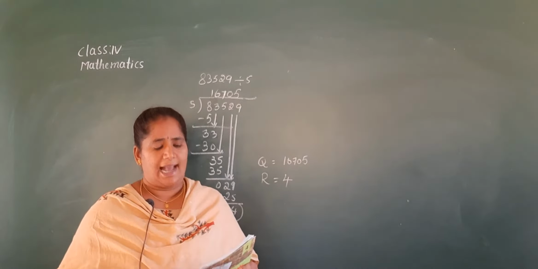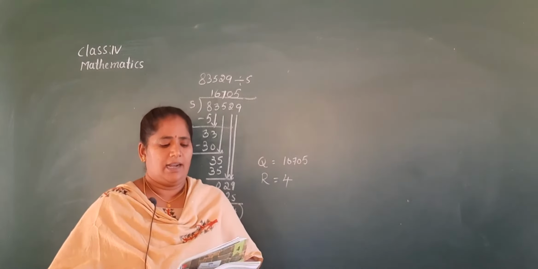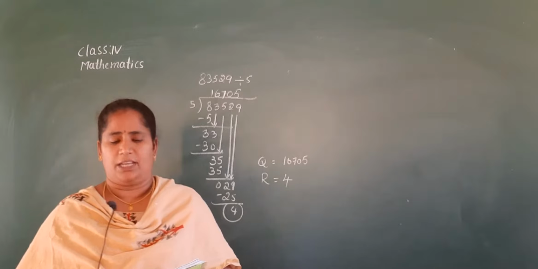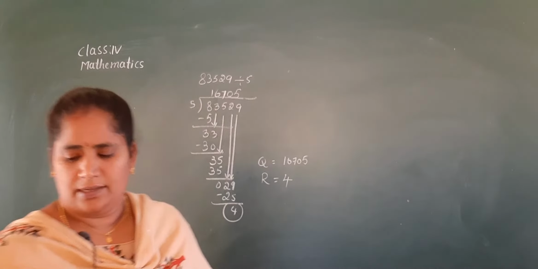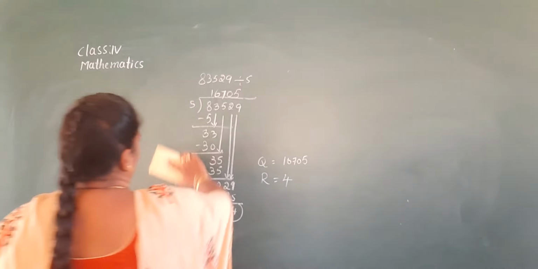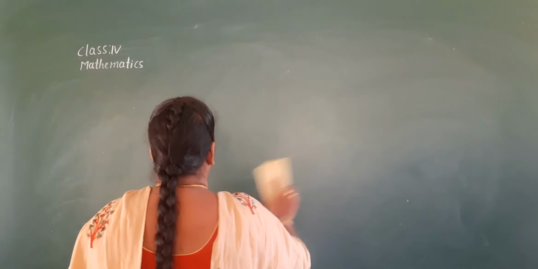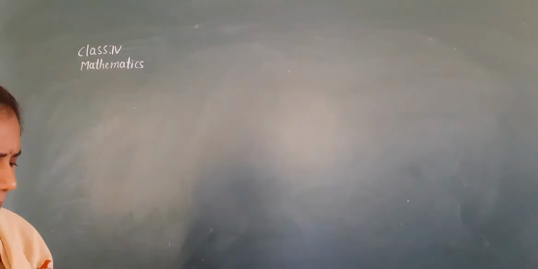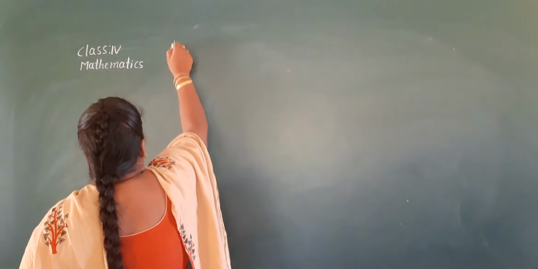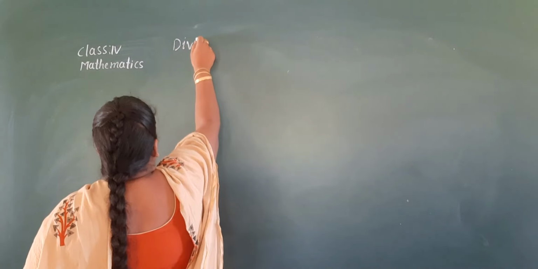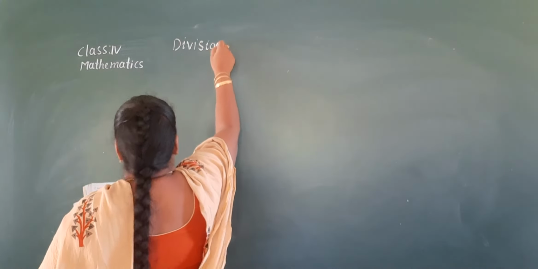In today's class, I am going to explain division by a 2-digit number using multiplication facts. Division by a 2-digit number using multiplication facts is today's topic. Don't write yet, children; first you listen.